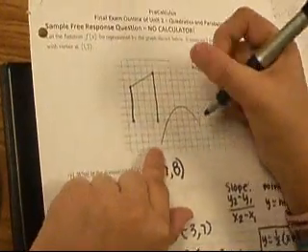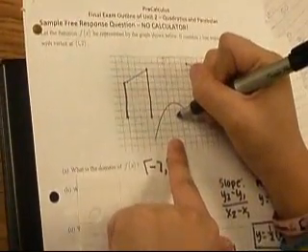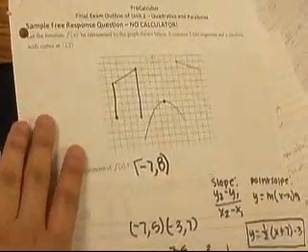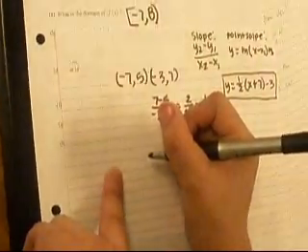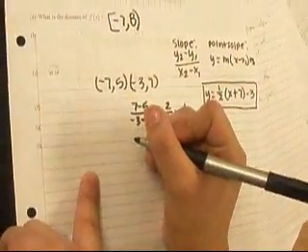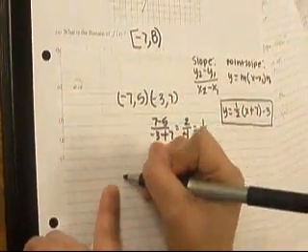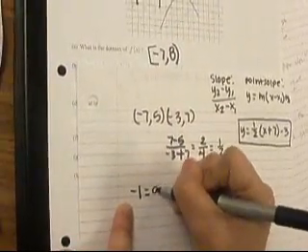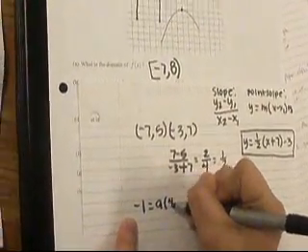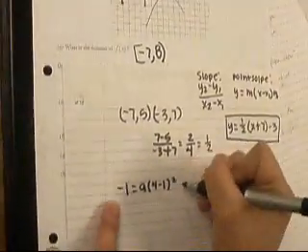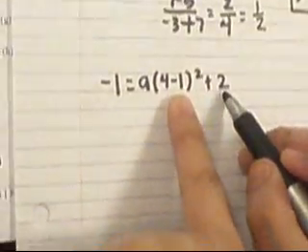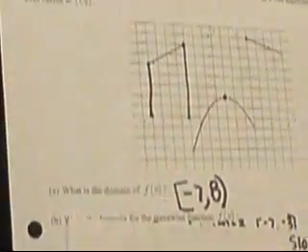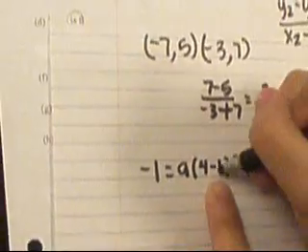The highest point on my parabola would be (1, 2). So if I plug that in to the equation, I would get -1 = a(4 minus 1) squared plus 2. The vertex was (1, 2), but in the vertex form it's x minus h, so that's why it's still negative.